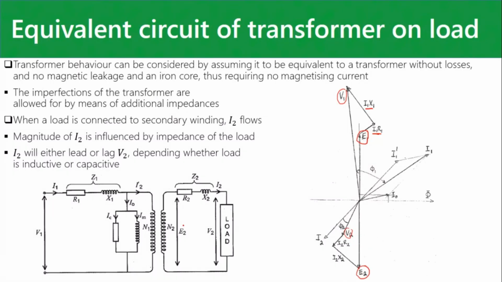So these two aren't equal because of the current I2 going through R2 and the current I2 going through X2. And then if you add the vectors, you get to E2. All right, so you don't have to be able to draw that. I've never seen anybody ask you to redraw that. I'm sure you're quite relieved about that.